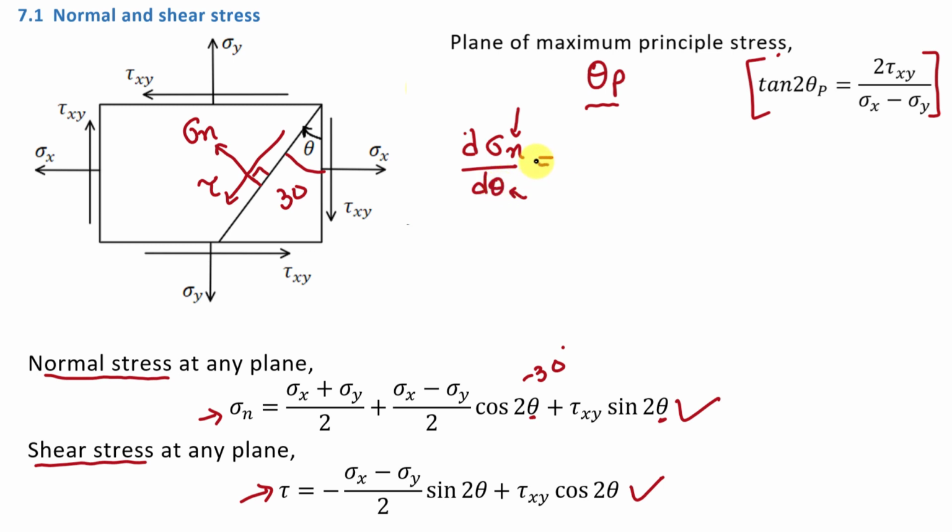So here if you find the maximum value of sigma n with respect to theta, then you will get this expression. Right? We will also discuss how to find the maximum value of any variable with respect to another variable in the subject of engineering mathematics. So right now you have to remember this equation. Fine?